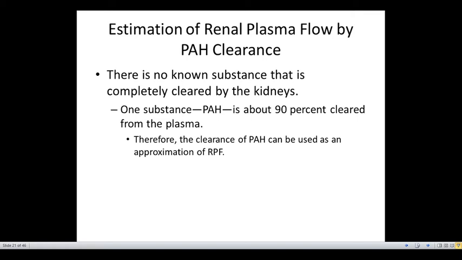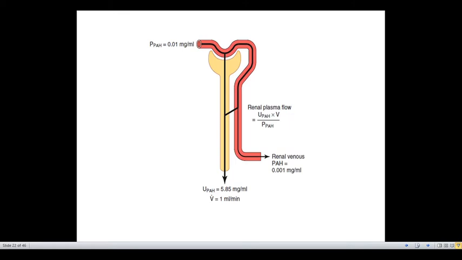Therefore, the clearance of PAH can be used as an approximation of renal plasma flow. This figure shows measurement of renal plasma flow from the renal clearance of para-aminohippuric acid.